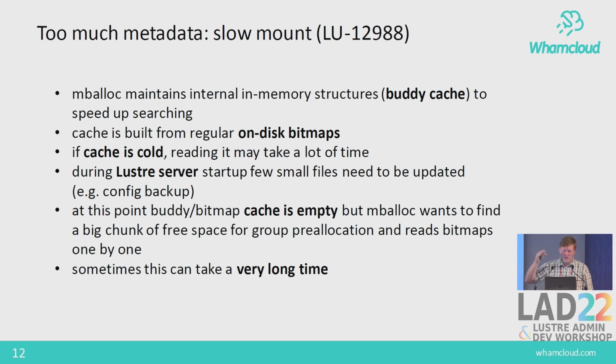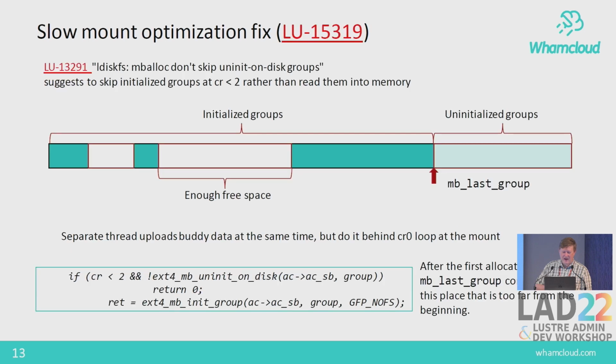Reading all of these bitmaps can take 10 minutes, right? And so that hurt your mounting time significantly. So we've put in special cases to avoid trying to find a perfect allocation when you're doing a small allocation like that, to speed up the mount time. But again, that's kind of a hack.